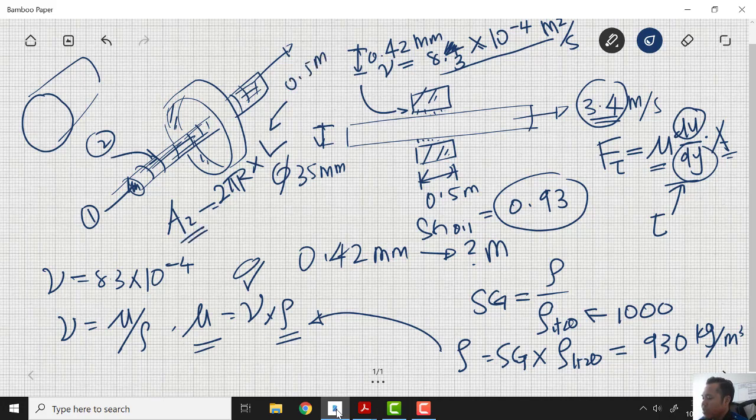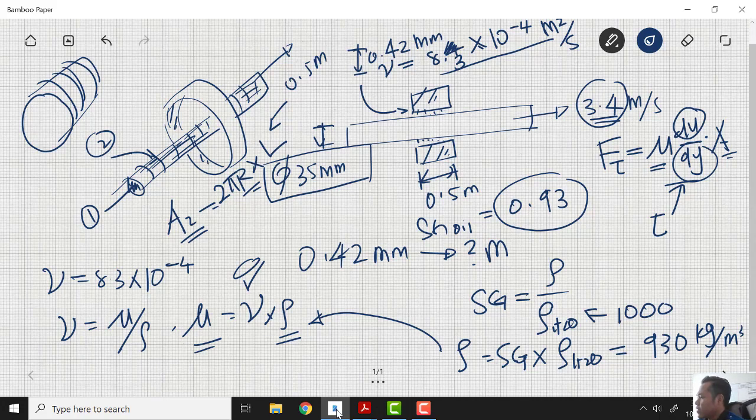Itulah. So R, where do you find R? We already know that the diameter is 0.35. From here you can find R and then calculate the A2, the area around the shaft.